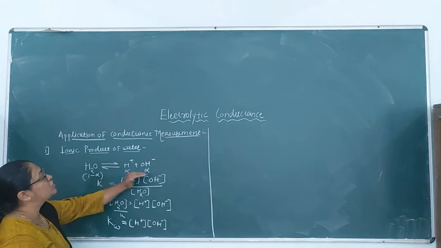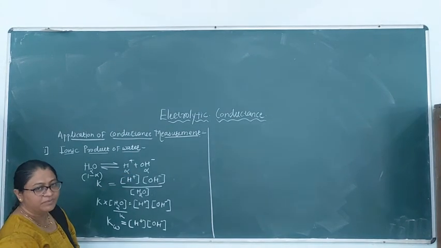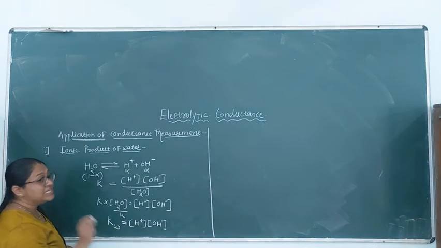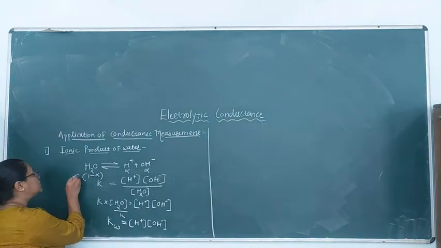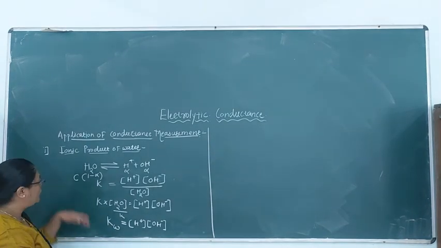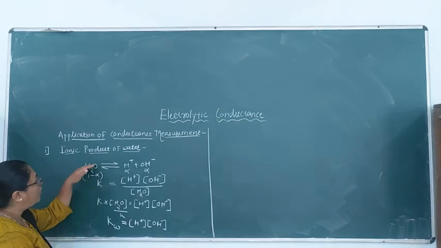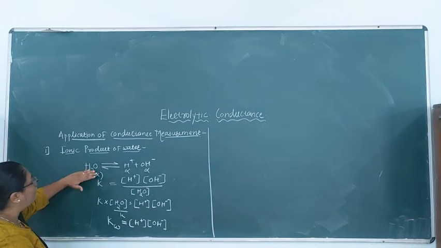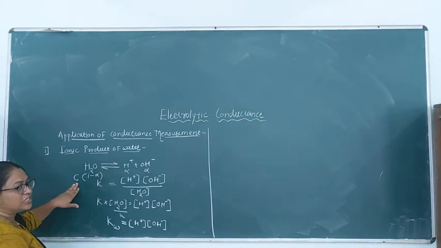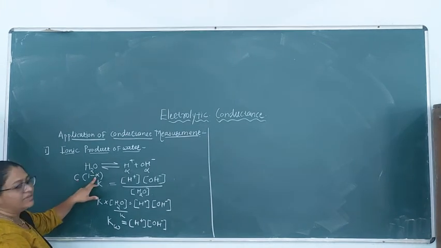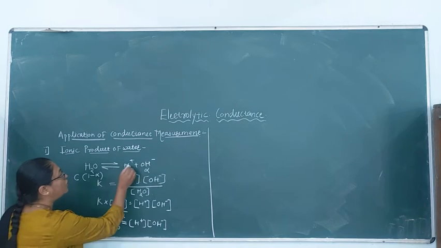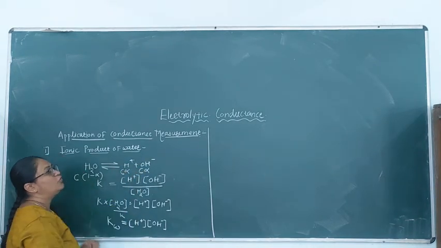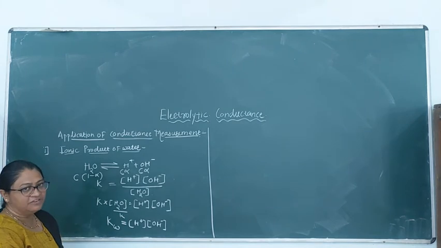These are the fractions which will be present at the equilibrium. Therefore their concentration at equilibrium, if I consider that C is the concentration of the water taken, will be for the undissociated water C into 1 minus alpha. Concentration of H plus is C alpha, and similarly the concentration of OH minus will also be C alpha.